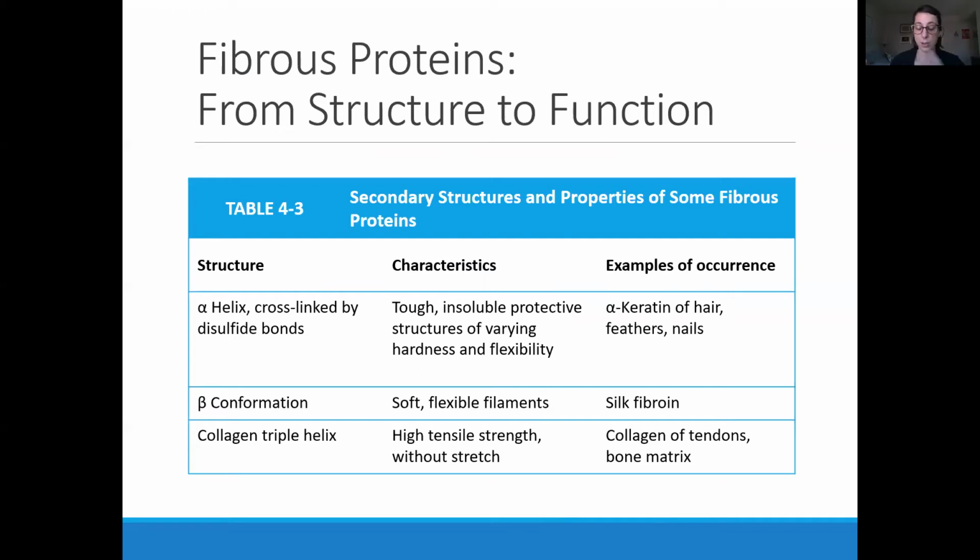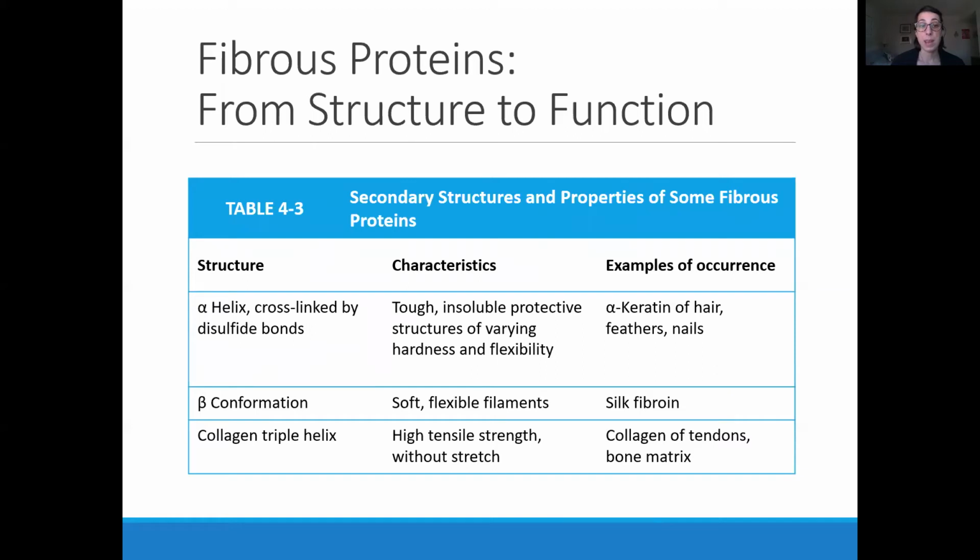Imagine that you have one sequence of amino acids. It's all in alpha helixes, and then those alpha helixes are bound and interacting together via disulfide bonds. They're using that tertiary interaction, a disulfide bond, to hold together two different alpha helixes. These types of structures are usually very tough, and they are what make up things like keratin. This is how keratin is structurally made. You can have a beta conformation.